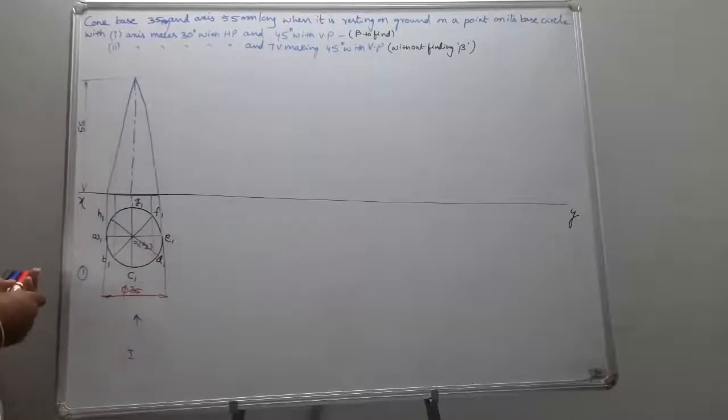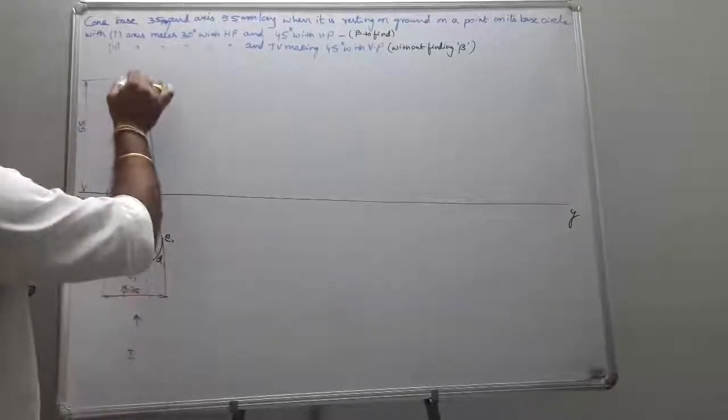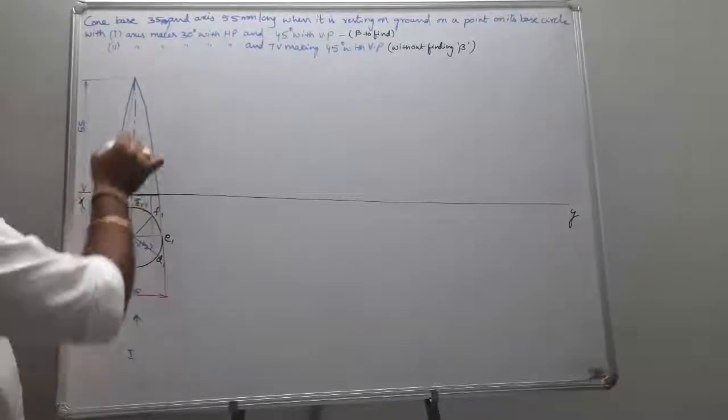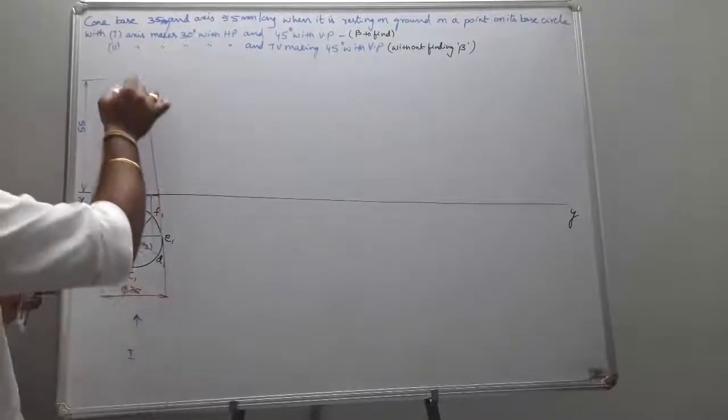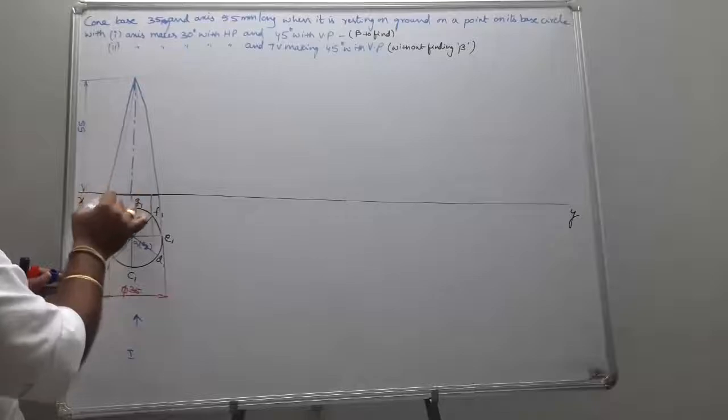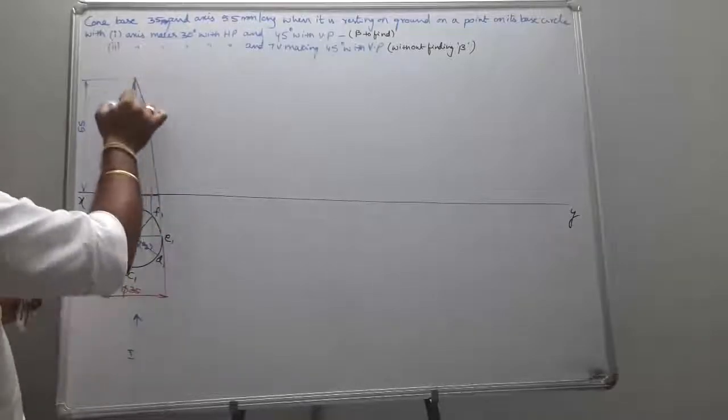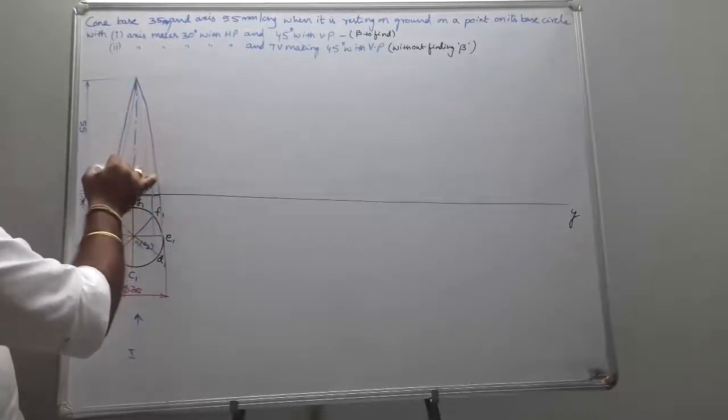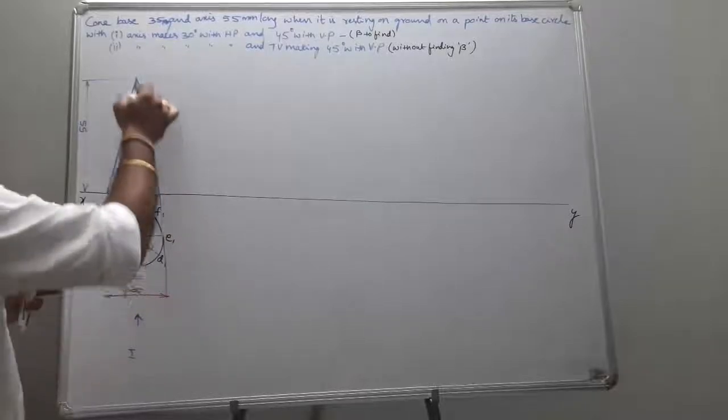The remaining are for your reference only. These are the light lines, only for our reference, but this is going to be the solid outline.